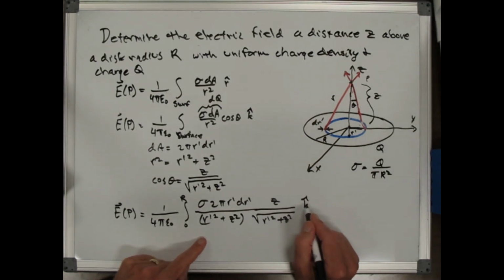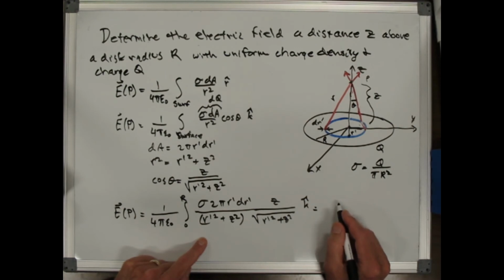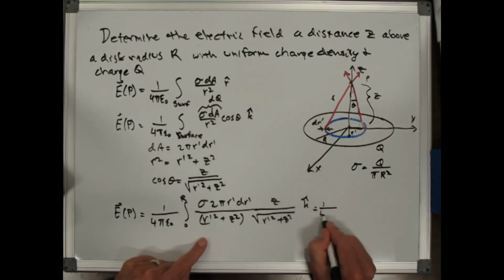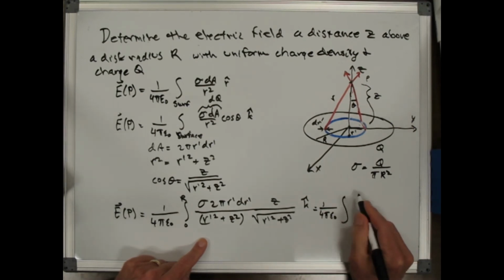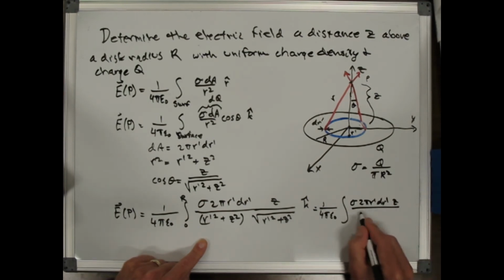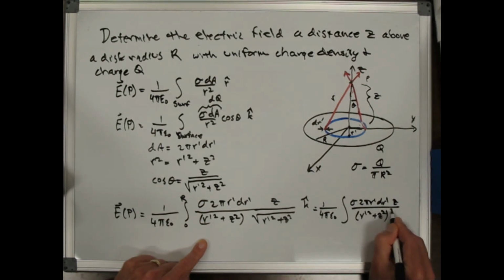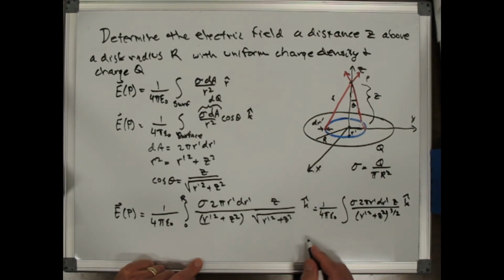So let me just make sure I've got all my terms in there. Z. And so this becomes 1 over 4 pi epsilon naught times the integral of sigma times 2 pi r prime dr prime times z over r prime squared plus z squared to the 3 halves times k hat, if I want to write it that way.